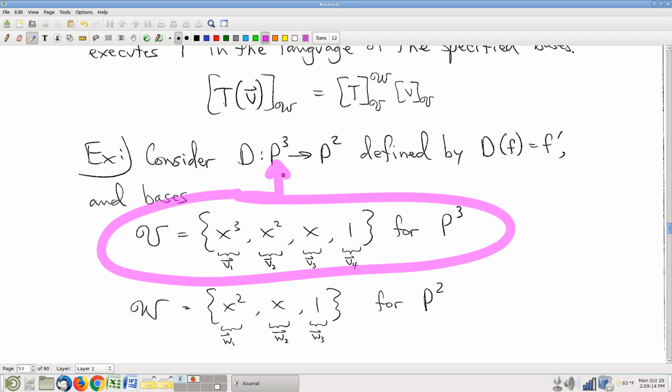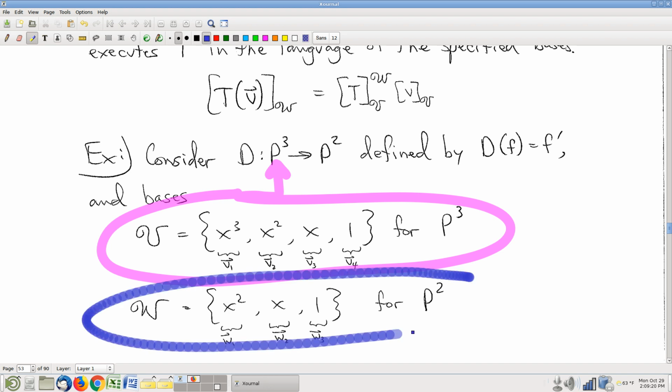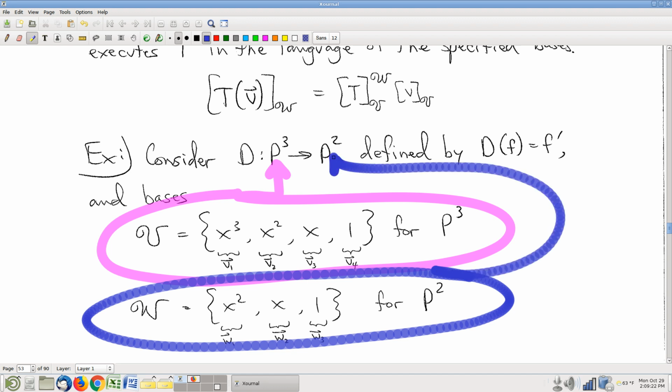All I need is any basis, and it's easy to confirm this is a basis. Here's a basis for the target: x squared, x and 1. Again, it's an easy one. Having picked these bases, in the language implied by these bases, how do I represent the act of differentiation?